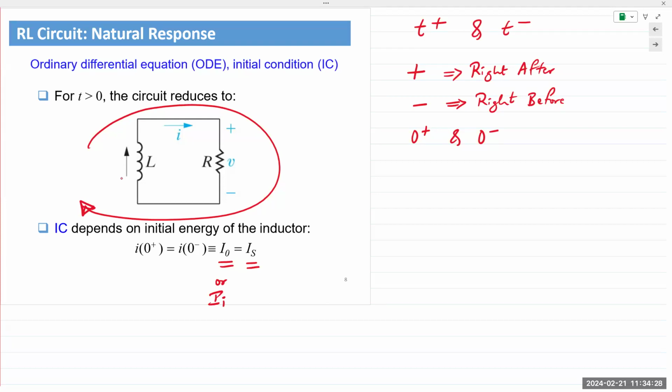So the inductor has IS, now trying to discharge through that resistor. All right, any questions? So this is the circuit setup that you'd have to do before you begin your analysis.